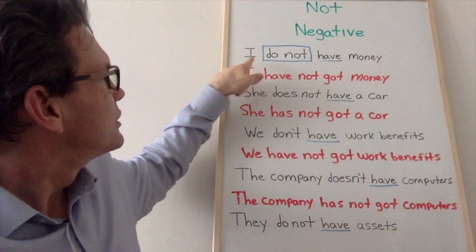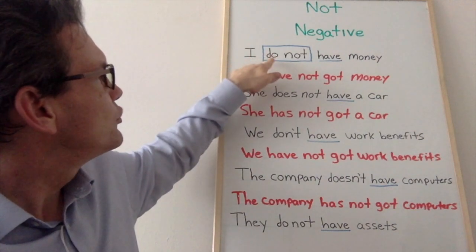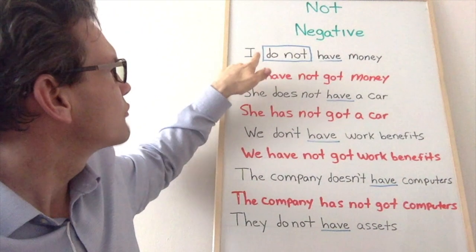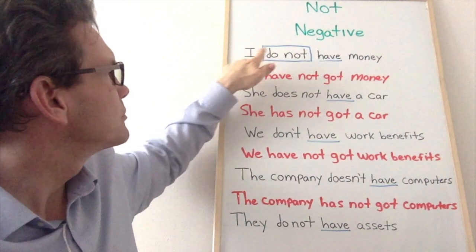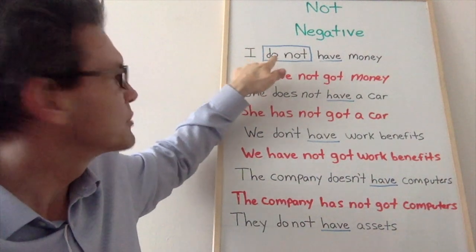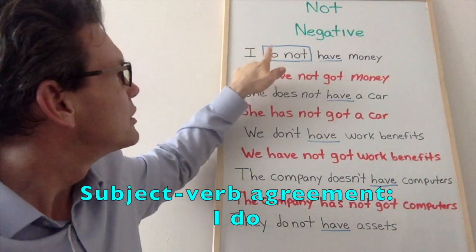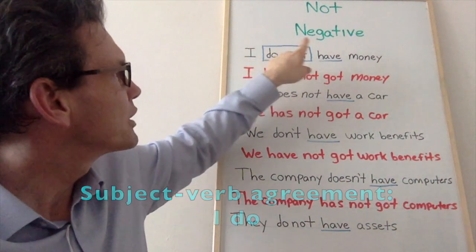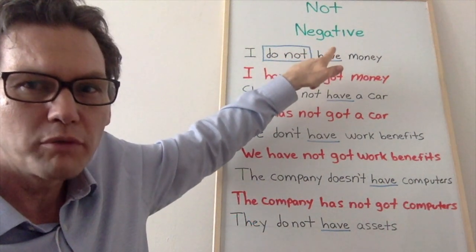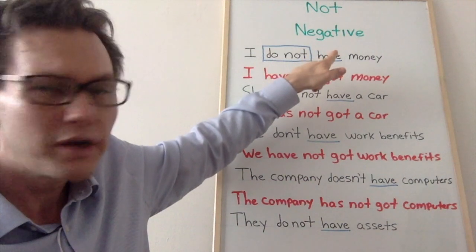I do not have money. So for the American form, you have to use the subject plus the verb do or does, so subject-verb agreement is very important here. Plus not, plus have. It's always have in the negative form when you're using not, okay?